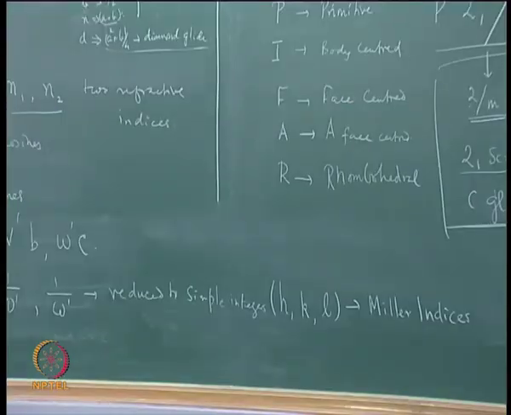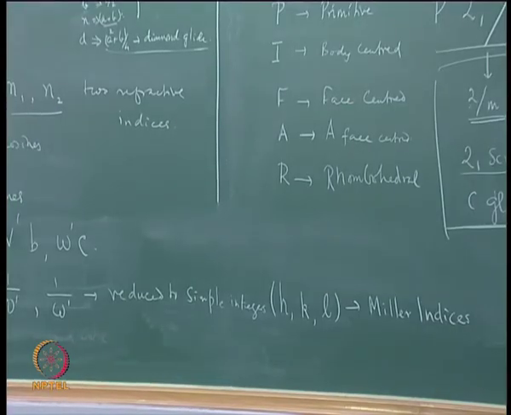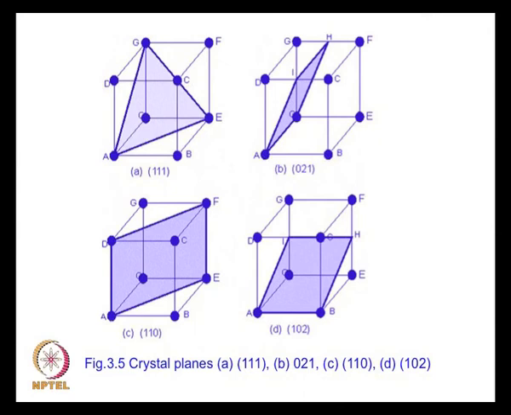So, the usual standard symbol for Miller indices is hkl, and the figure shows different crystal planes with different Miller indices such as 111, 110, 021 and 102.